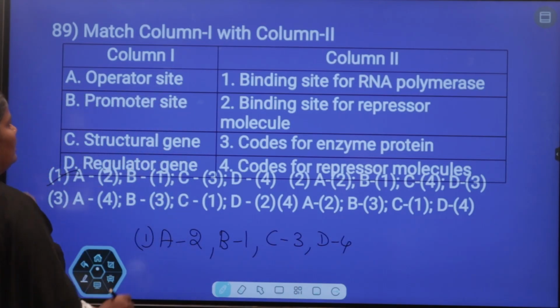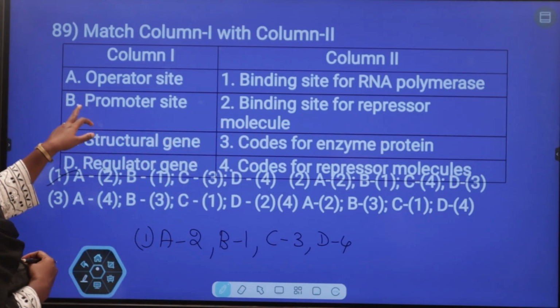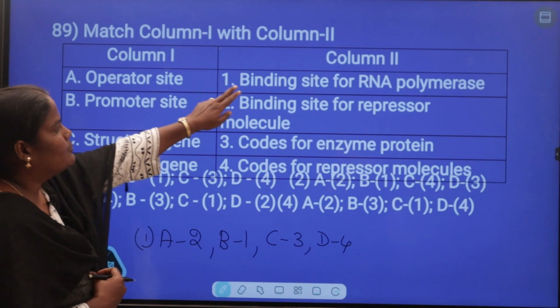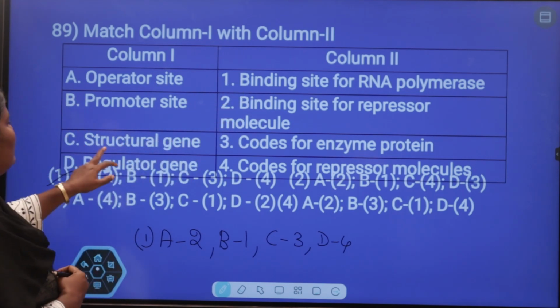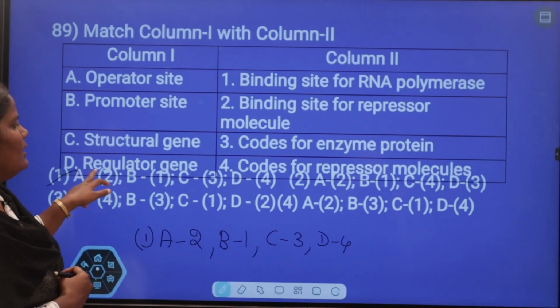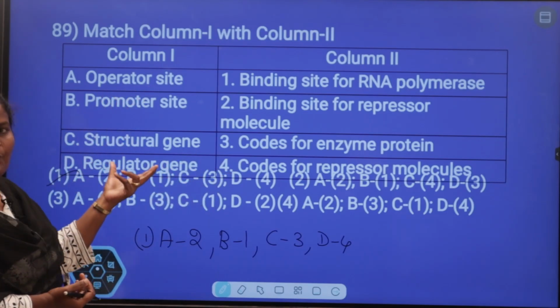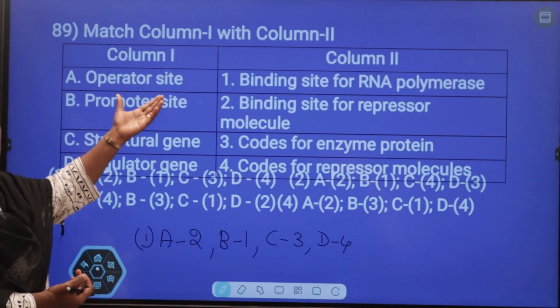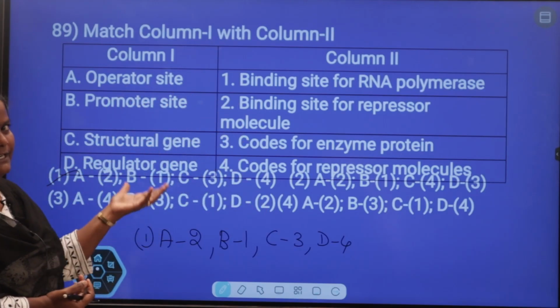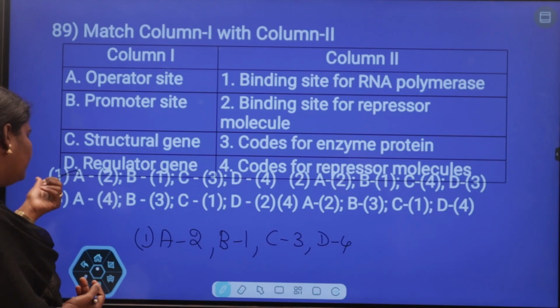The operator site is the binding site for the repressor molecule. The promoter site is the binding site of the RNA polymerase. The structural gene codes for the enzyme protein. The regulator gene codes for the repressor molecule. These are lac operon based concepts, describing which molecules bind at each site. The answer for this question is the first option.